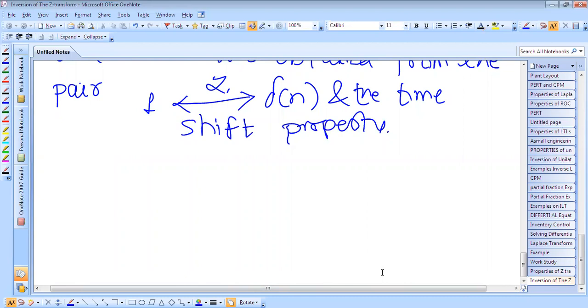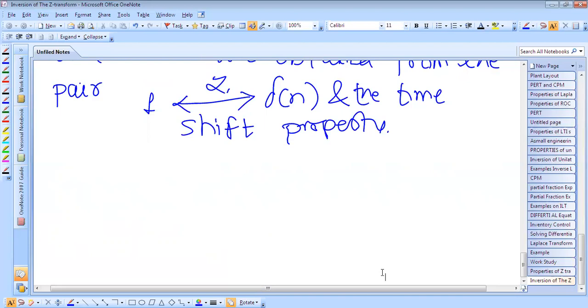So in some problems, X(z) may be expressed as a ratio of polynomials in z rather than z raised to power minus 1. In this case, we may use the partial fraction expansion method. First, we convert X(z) to the ratio of polynomials in z raised to power minus 1.